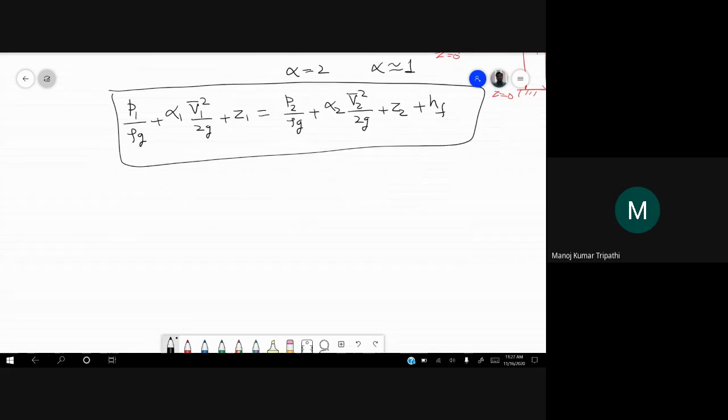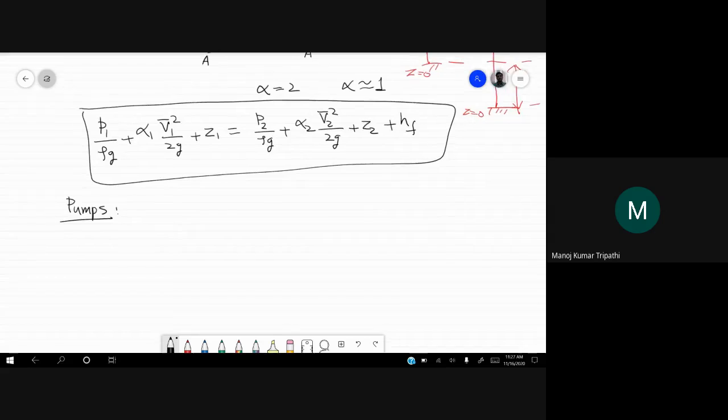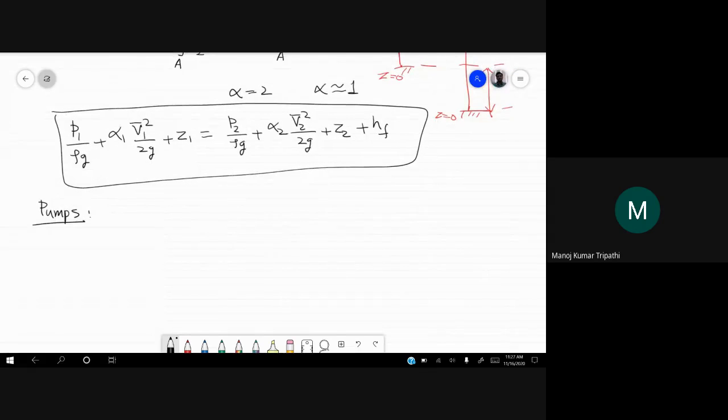Now we'll discuss a bit about pumps. What do pumps do in a flow? They actually increase the head. They give some energy to the flow, right? That's what pumps do. And what is the pipe doing here? It is actually taking energy away, which is shown by this term HF.